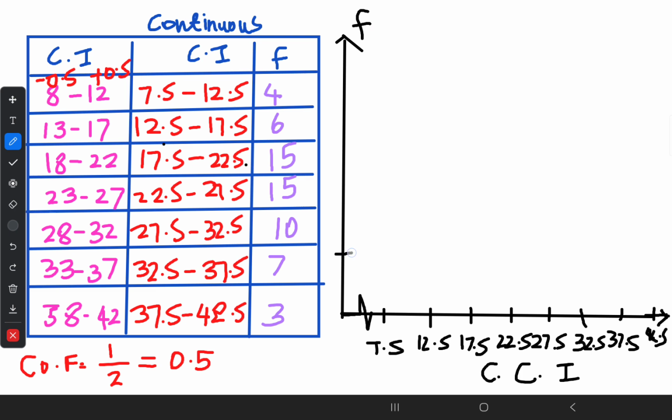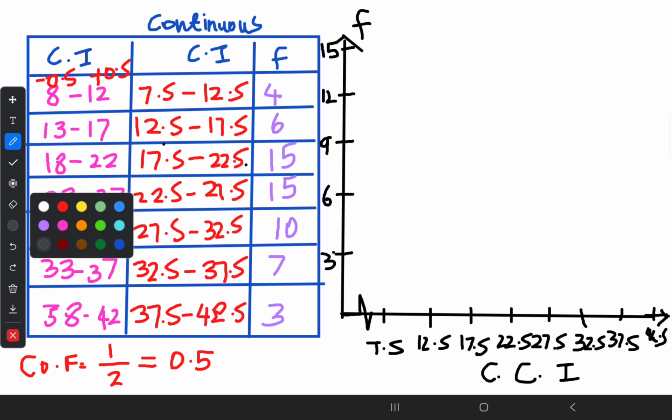Not 1, 2, 3. If you want, you can note it as 3, 6, 9, 12 and 15. For my convenience, I will note it like this. Otherwise, I would have to write 1, 2, 3, 4, 5 until 15. It is a little harder for me, so I make it a little simpler.